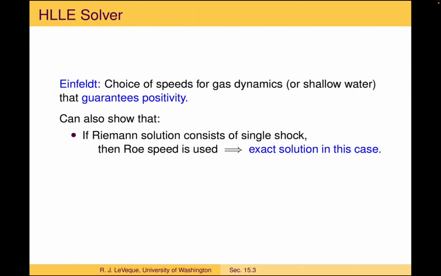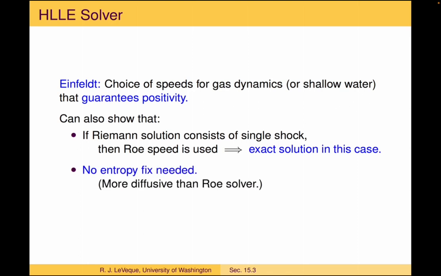Also, you can show that if you use this choice in the HLLE approach, and the Riemann solution consists of a single shock, then you're using the Roe speed and the exact solution is obtained from the HLL solver the same way it is from the Roe solver. So it inherits that nice property from the Roe method.